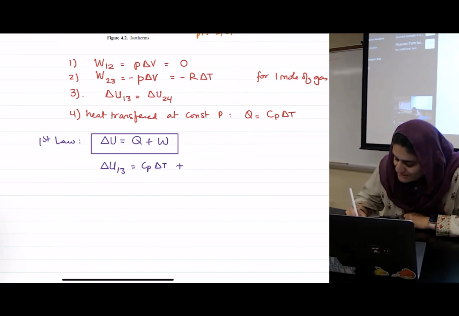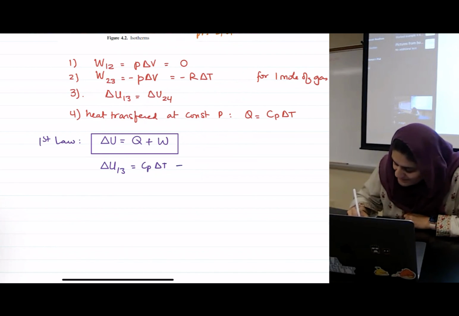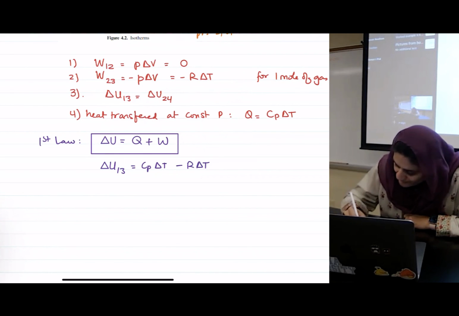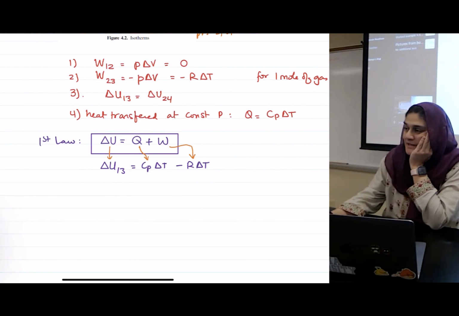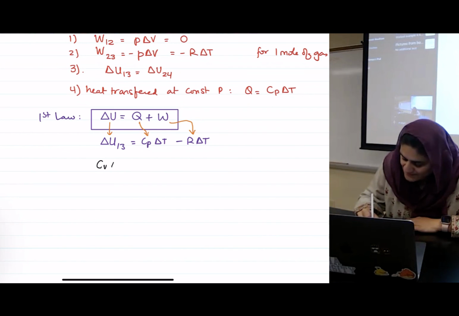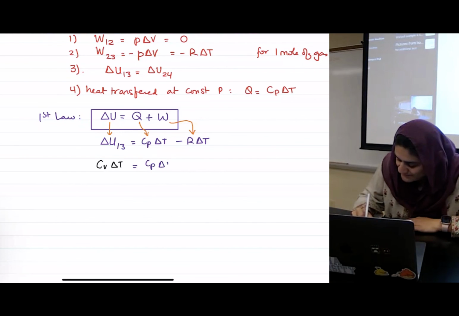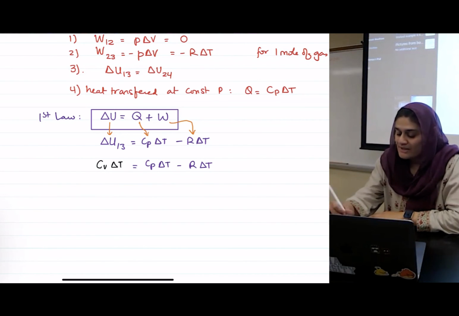May I rewrite Q as Cp delta T? May I rewrite this as negative R delta T? That equals that equals that, from all the red ones that we have up there. May I also write delta U13 as CV delta T equals Cp delta T minus R delta T? There are delta T's on both sides.